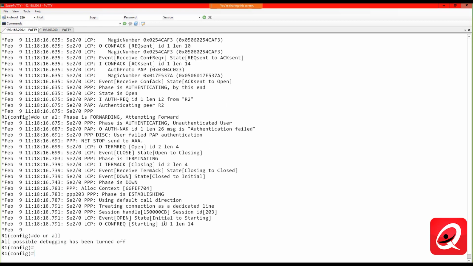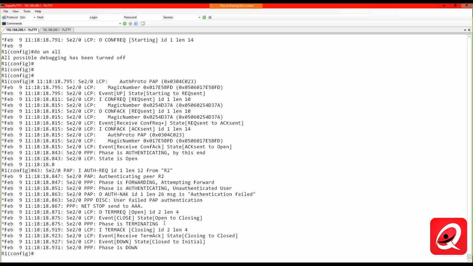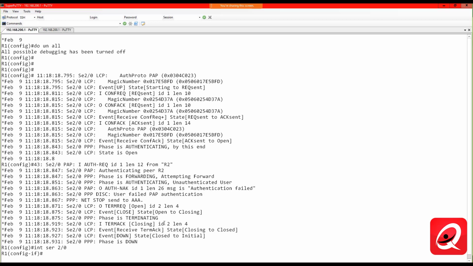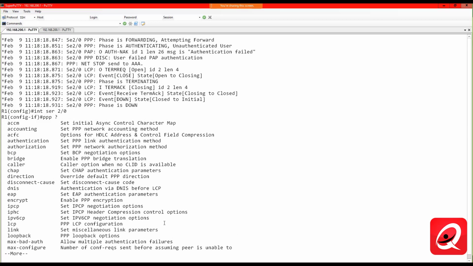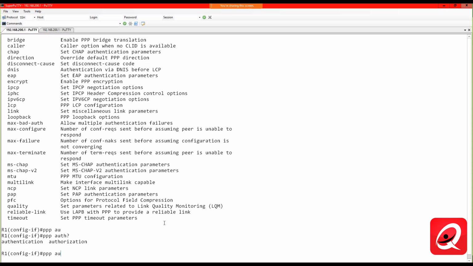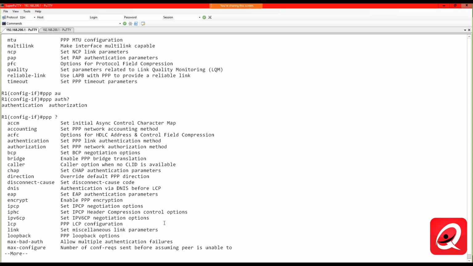Oops. I wonder if it's because I used the secret option. Let's try this. Interface serial 2/0, PPP authentication. No, let me do PPP.